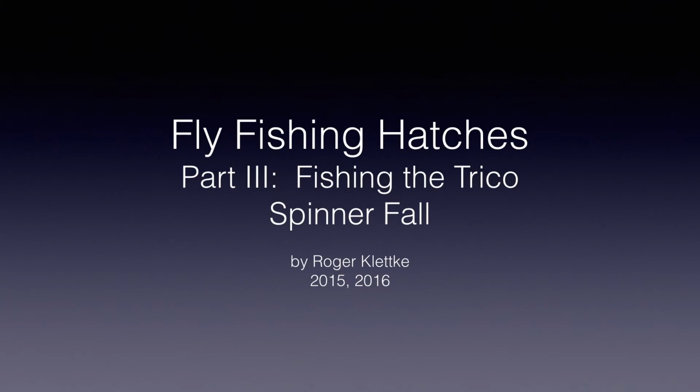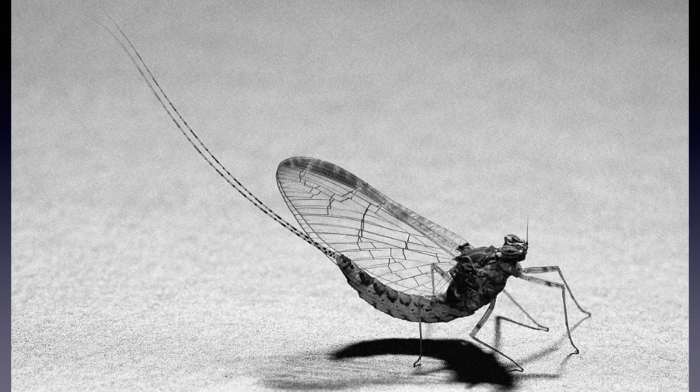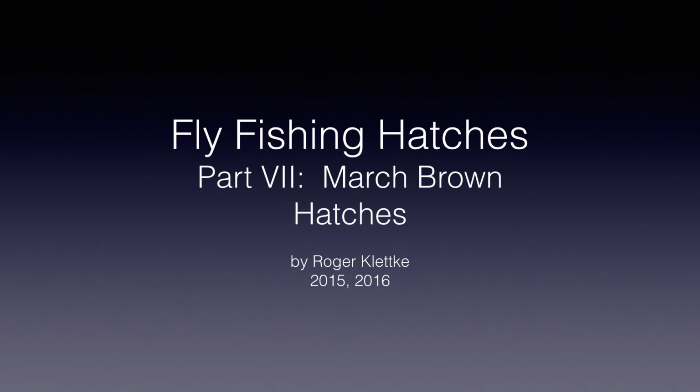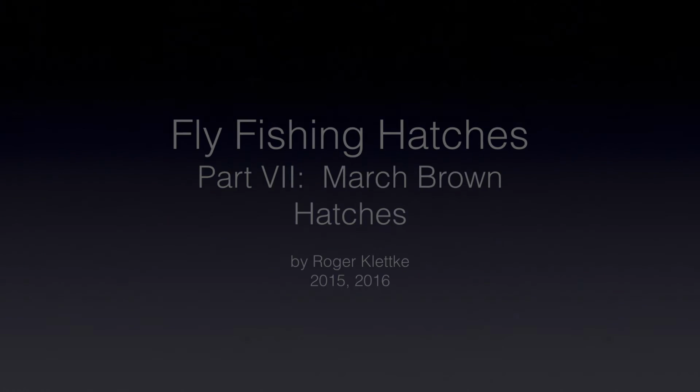After fishing the trico spinner fall, we generalized and extrapolated, so hopefully you'll know how to recognize and fish other spinner falls also. We looked at the most common pattern of pre-emergence and emergence for mayflies using the blue-winged olive as our prototype, and at some fairly common variations using the March brown as our prototype here.